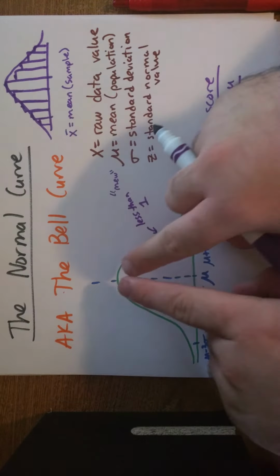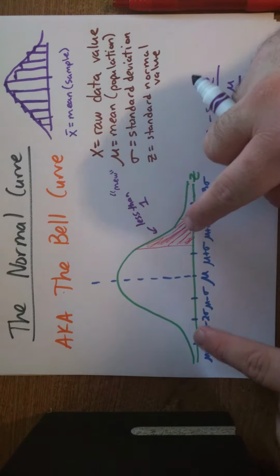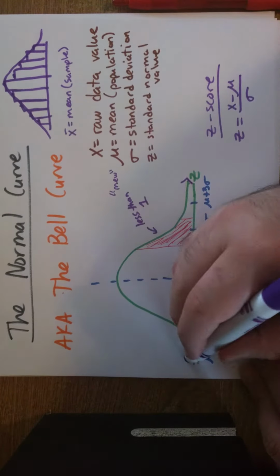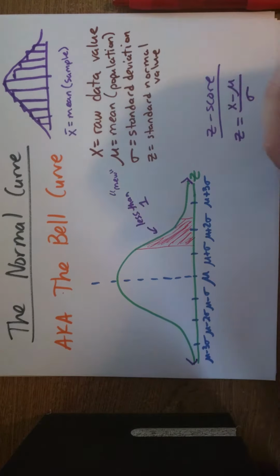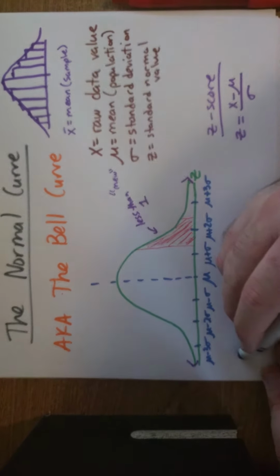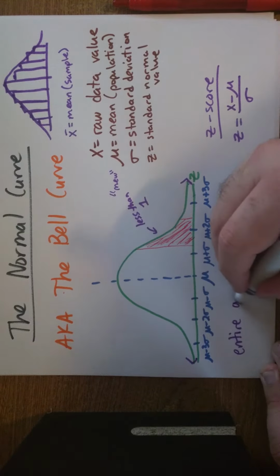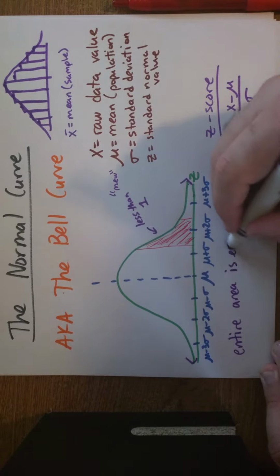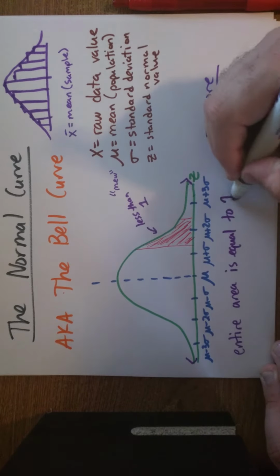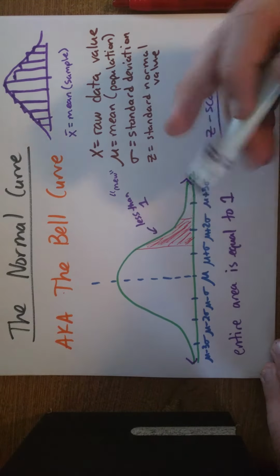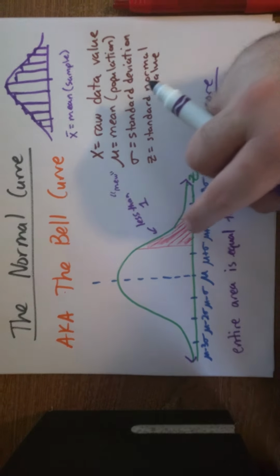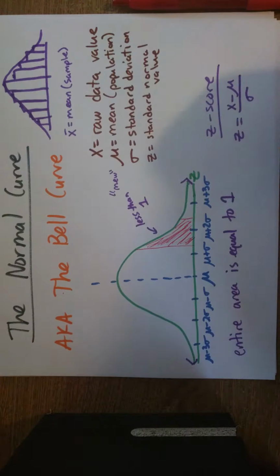Because the area underneath the entire curve, and by the way, this curve does go on forever in both directions, the area underneath the entire curve is equal to 1. So entire area is equal to 1. Which makes sense now that if I took a portion of the area, not the entire thing, but just this portion, it should be less than 1.